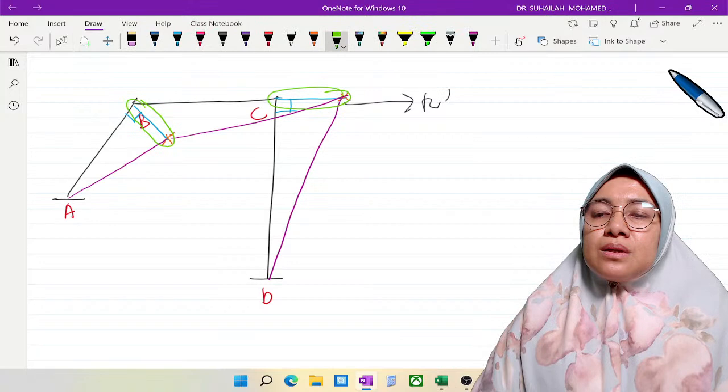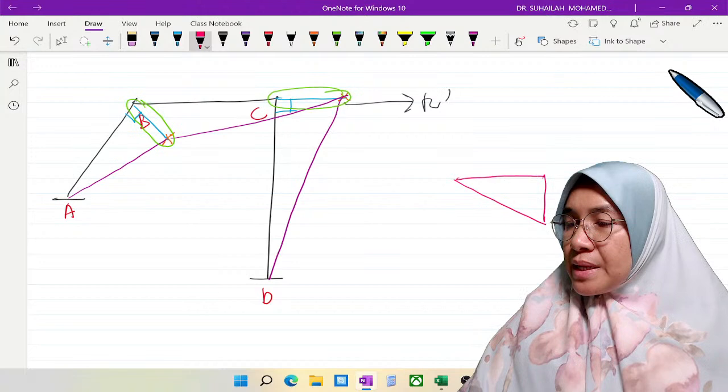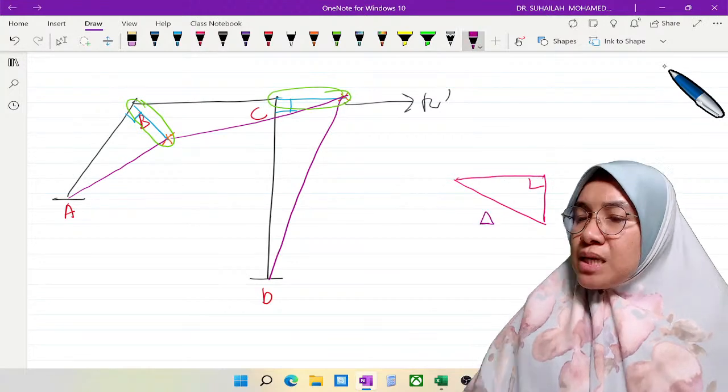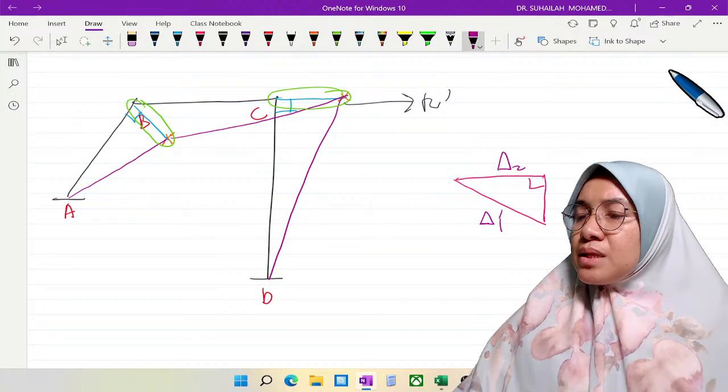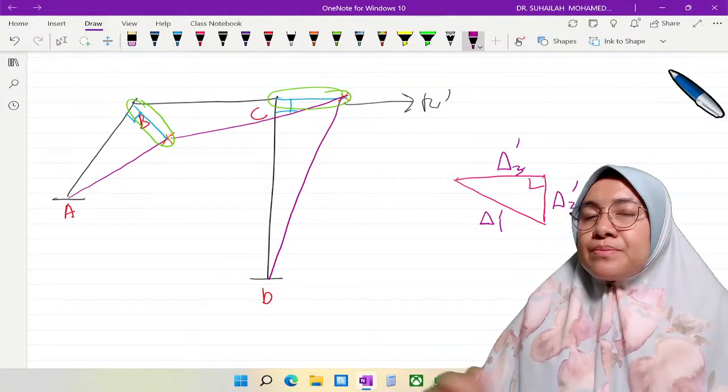So we combine this one, this one, and complete the triangular. So this is delta 1 prime, horizontal delta 2, delta 3 prime, vertical delta 2 prime.